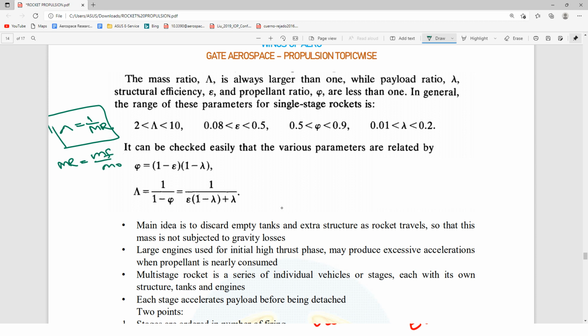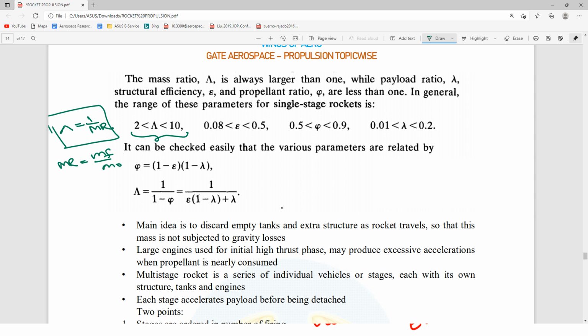So that should range within 2 to 10. It's quite obvious, or we can expect a question like which is the suitable range for the mass ratio. Options like 0 to 1, 1 to 2, 2 to 3, a variety of options they can provide you, right? So for the mass ratio, the standard range is 2 to 10.